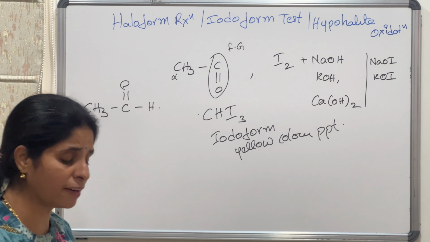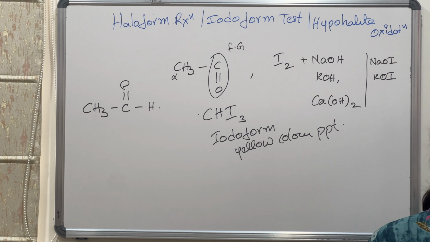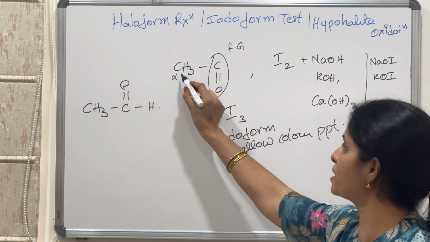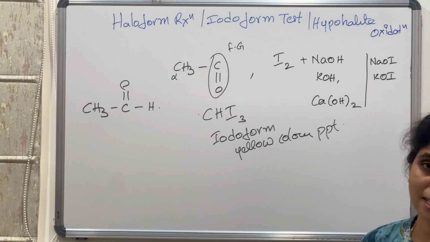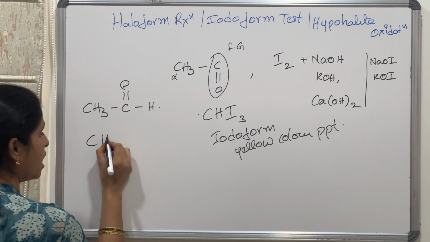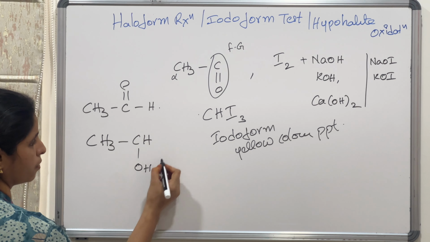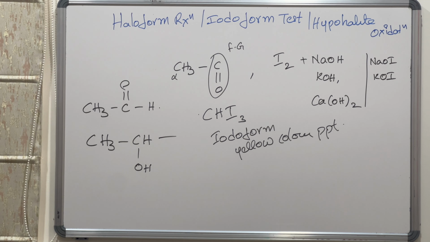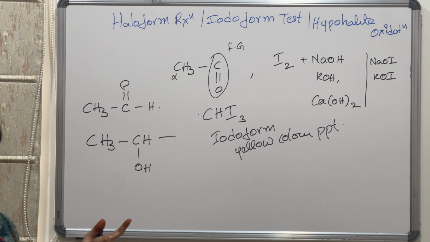Whatever the ketone, this reaction is given by many ketones containing CH3, means containing 3 alpha hydrogens. And this reaction is also given by some of the alcohols of this type. I'll tell you how to write the structure and the products for this.